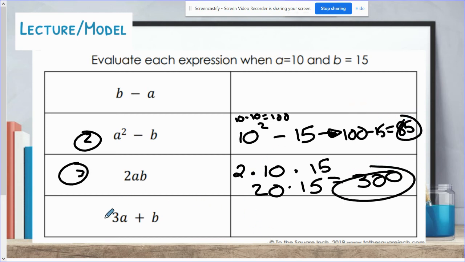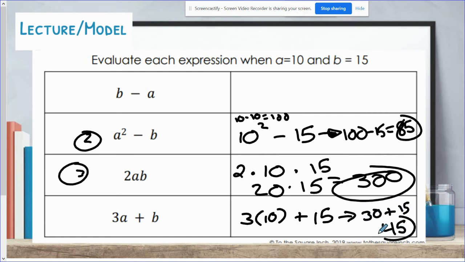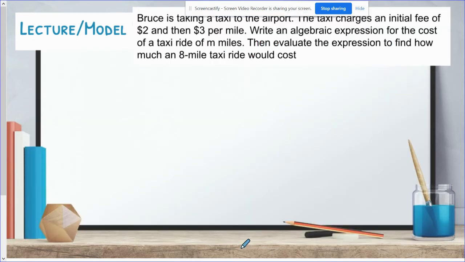And let's look at this last one here. 3a, so that would be 3 times 10 because it says to plug in 10 for a, plus 15 because it says to plug in 15 for b. 3 times 10 is 30. 30 plus 15, 45. All right, so those are just the basics, and I know that you didn't think it was going to be this easy. Let's add in some real-world problems now.